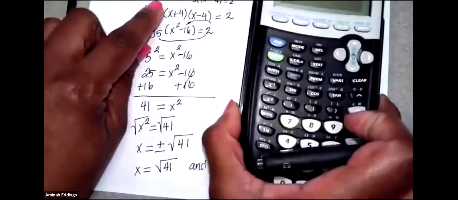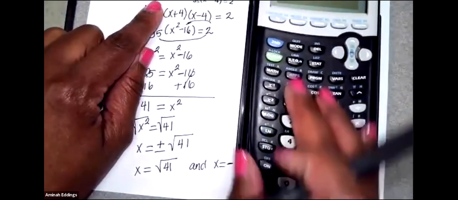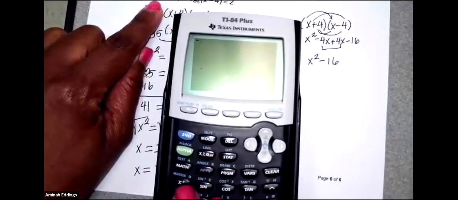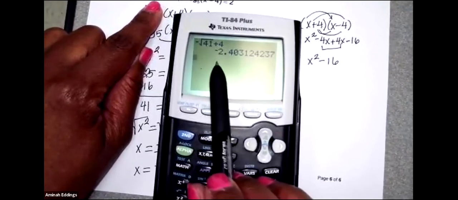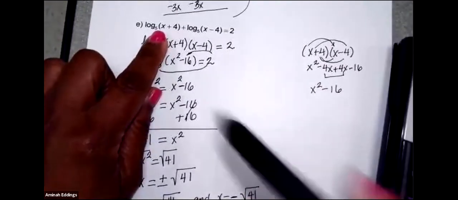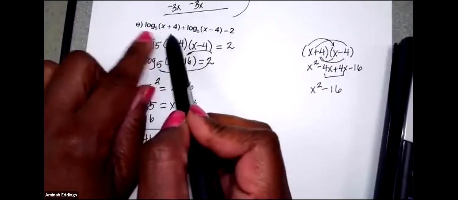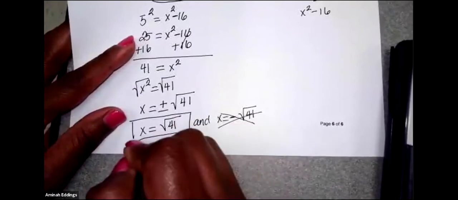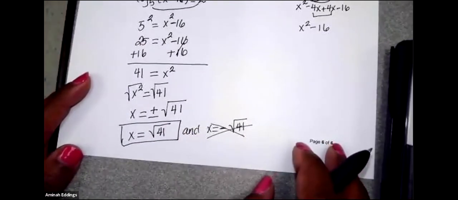If I put it in right here, negative square root 41 plus 4 gives me a negative number. So yes, Dakota, you are correct. If I put it in right here, that's going to give me a negative 2.4, and I can't take the log of a negative number. So yes, I'm going to throw that one out. And my only answer is square root 41.